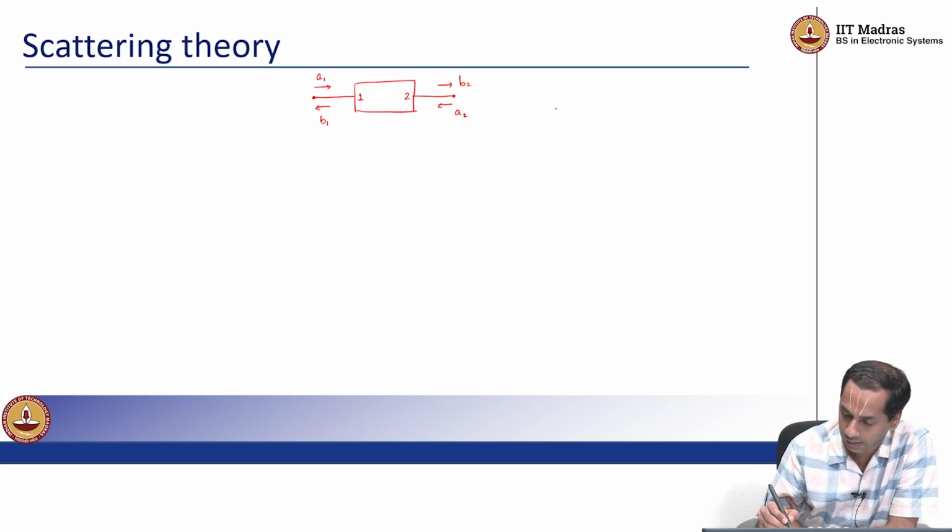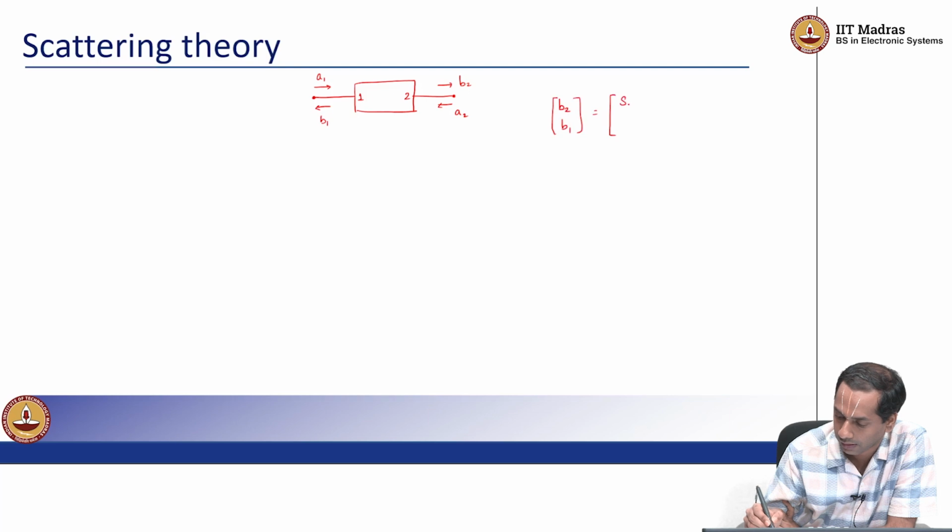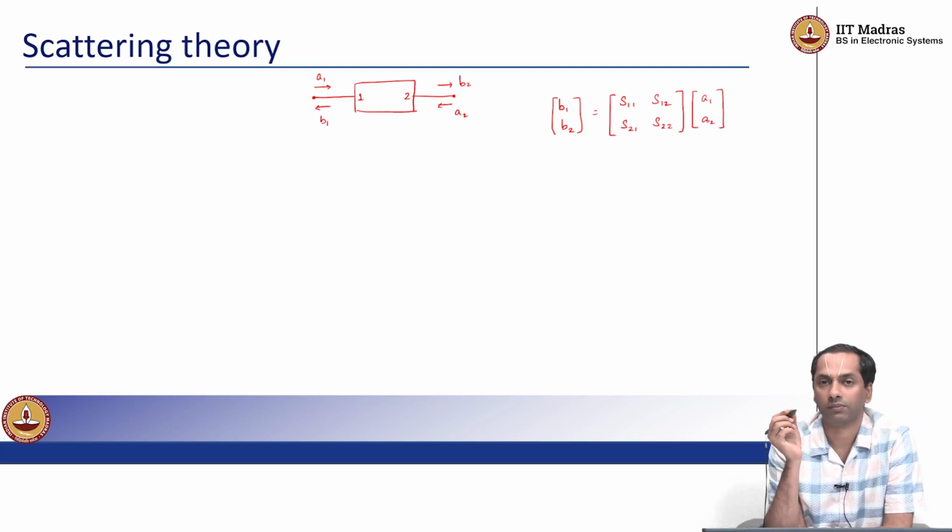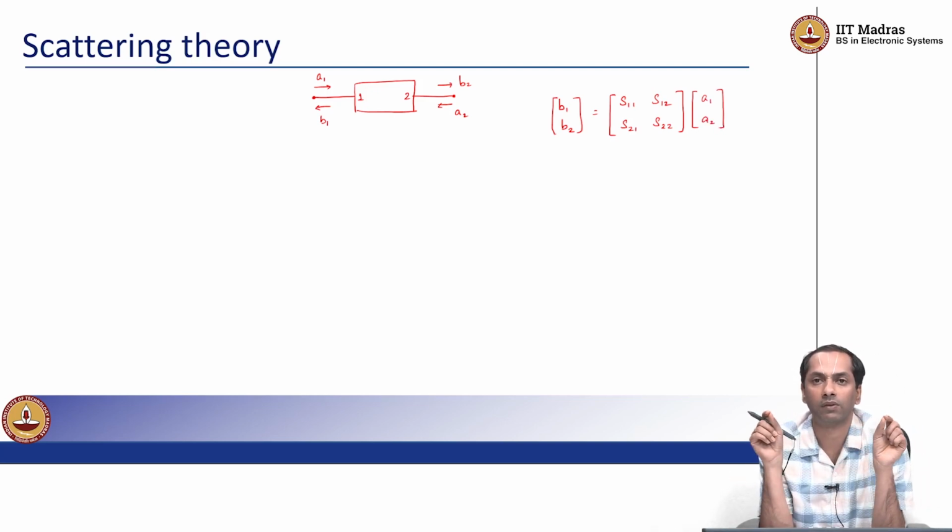So scattering theory relates these quantities in this manner: B1, B2, S11, S12, S21, S22. You can essentially think of A as all the power that's coming to the device and B as all the power that's getting scattered off.